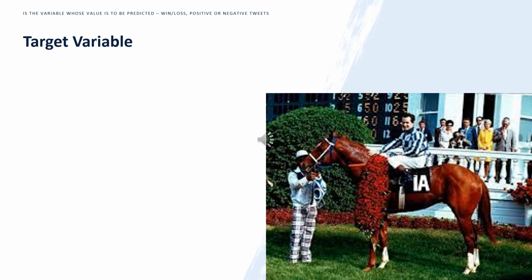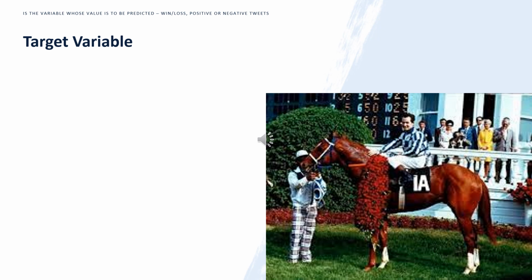So when it comes to prediction models, one of the most important aspects to understand is the target variable. And we'll talk a lot about the target variable in subsequent models. It is the variable whose outcome we're trying to predict, just like in horse racing, where the target variable will be the horse's win or loss.